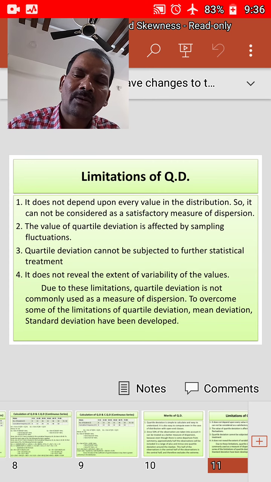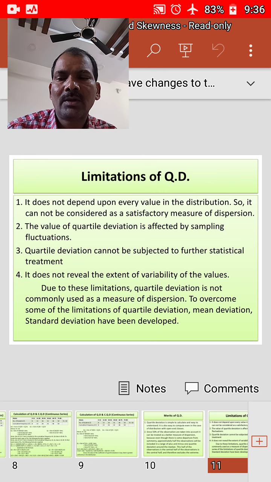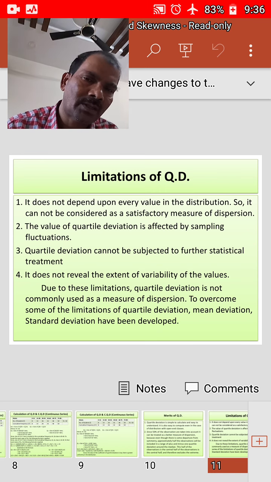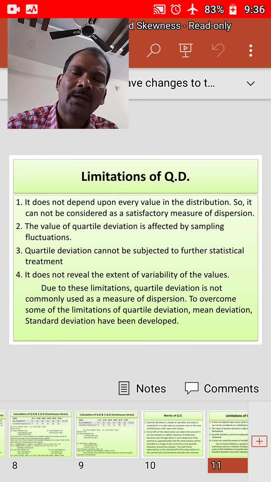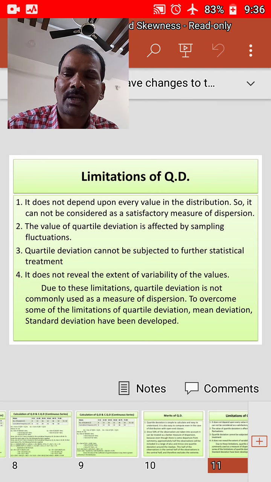Quartile deviation cannot be subjected to further statistical treatment. We can't use quartile deviation for further statistical calculations. That is also a limitation for the quartile deviation, right?